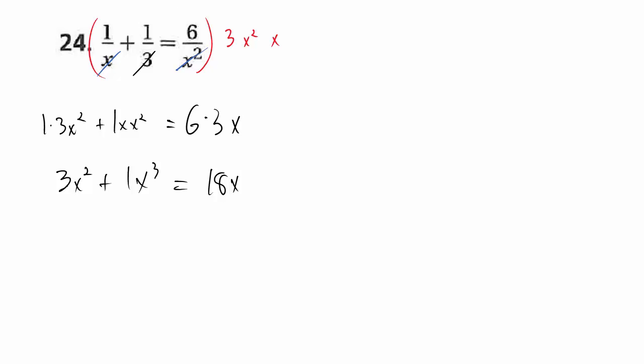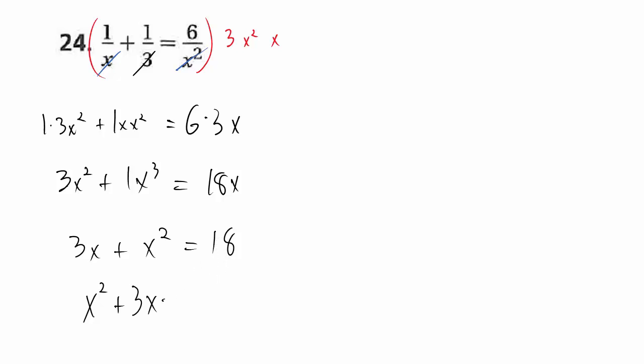But notice how they all have an x. So I could just factor an x out of everything and get 3x plus 1x squared is equal to 18. Now we end up with a quadratic. So even though I have all the x's on one side and the numbers on the other, remember to solve a quadratic equation, you put this in standard form.